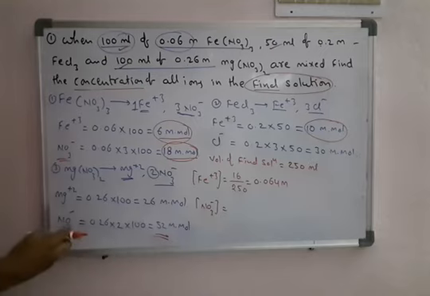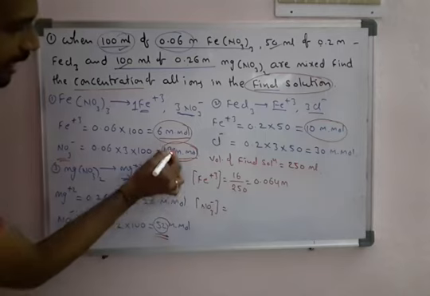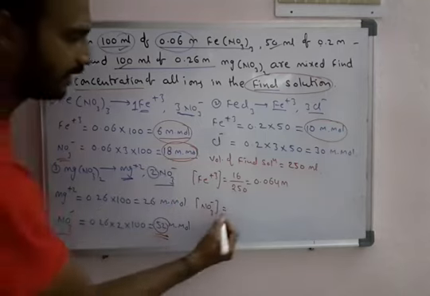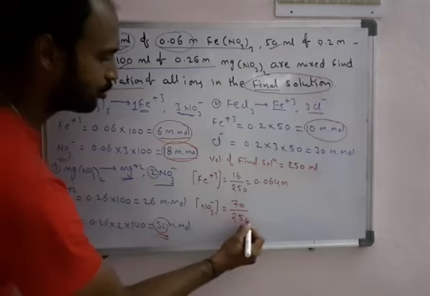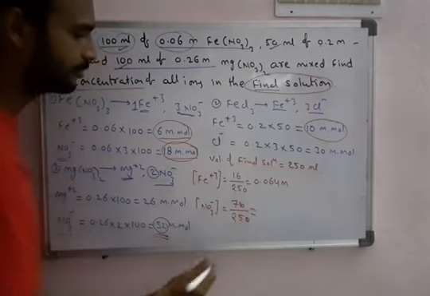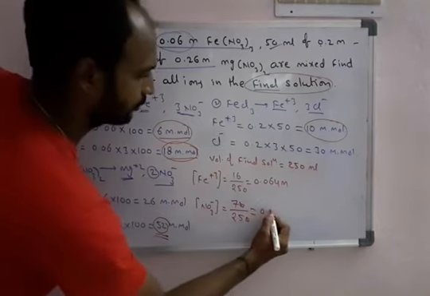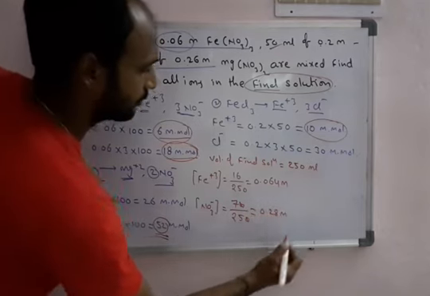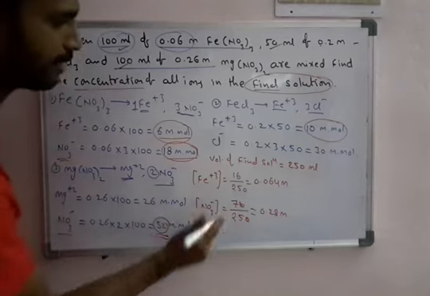The total is 70 millimoles, 52 millimoles plus 18 millimoles. Total 70 millimoles of nitrate is present in 250 milliliter, and the value we can calculate approximately is 0.28. Next, we need to calculate the remaining ions, Cl minus.